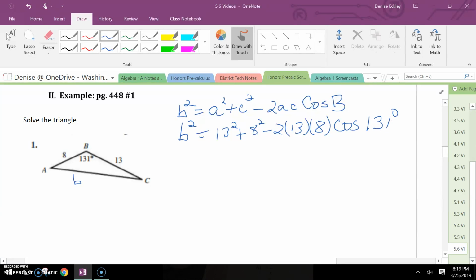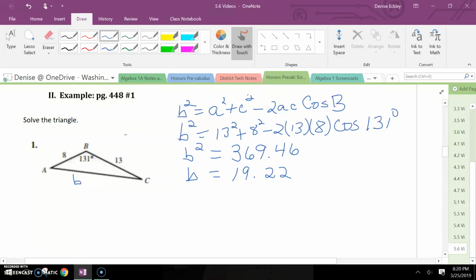So simplifying that, we get that B squared equals 369.46, and then taking the square root, we get that side B is 19.22.